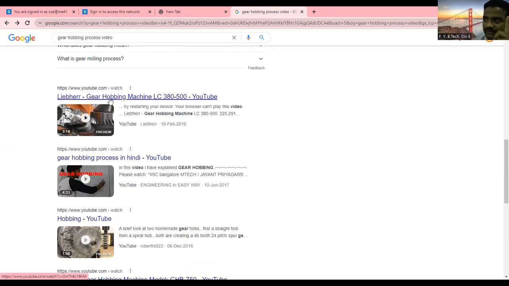So there's one machine which is very much advanced. If you go into the gear industries, there's one machine you'll find, that is the Liebherr gear hobbing machine. On this machine, you can do the gear cutting that we'll see through the video.